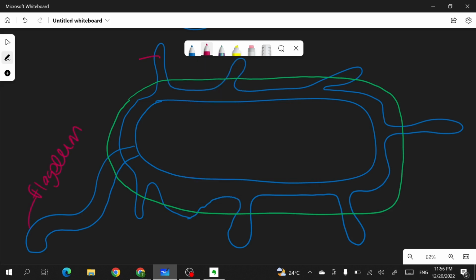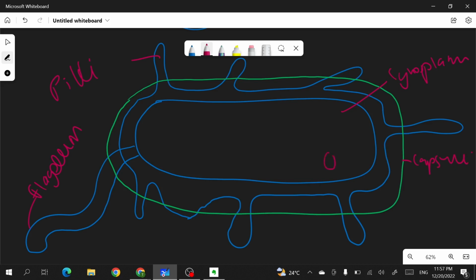This is the cytoplasm, and this is a layer, the green one, the capsule.